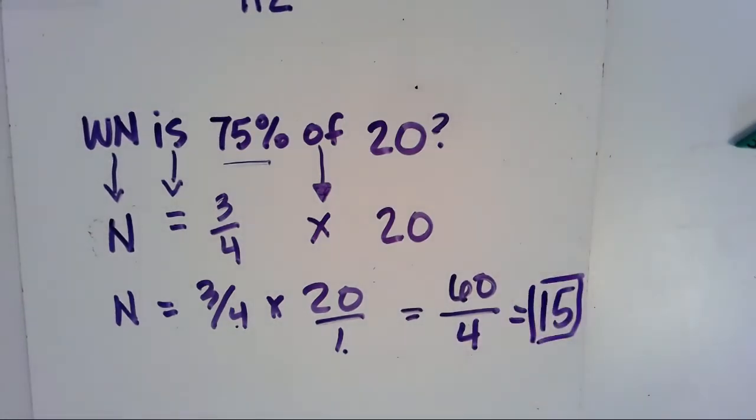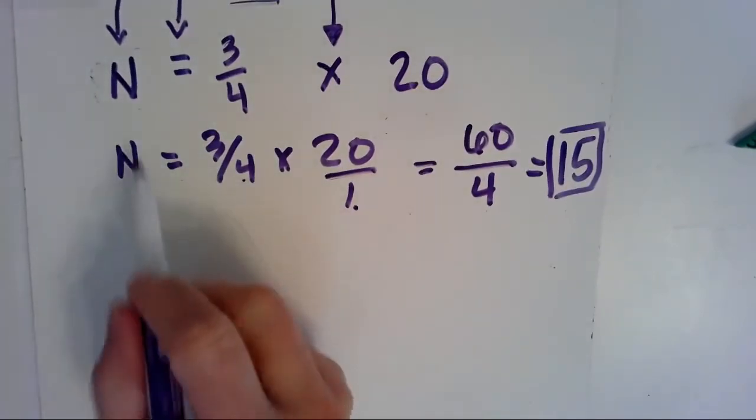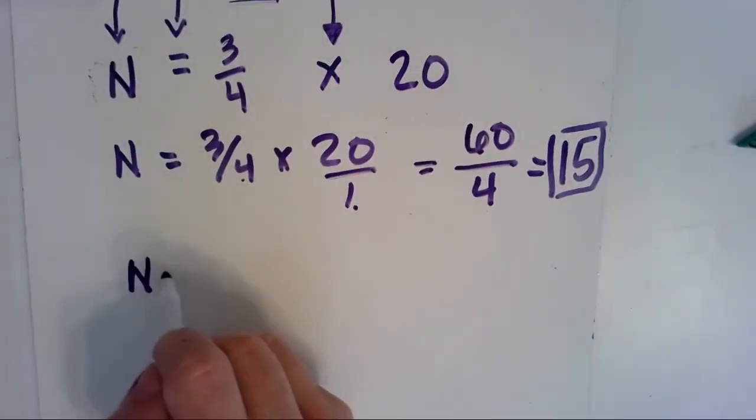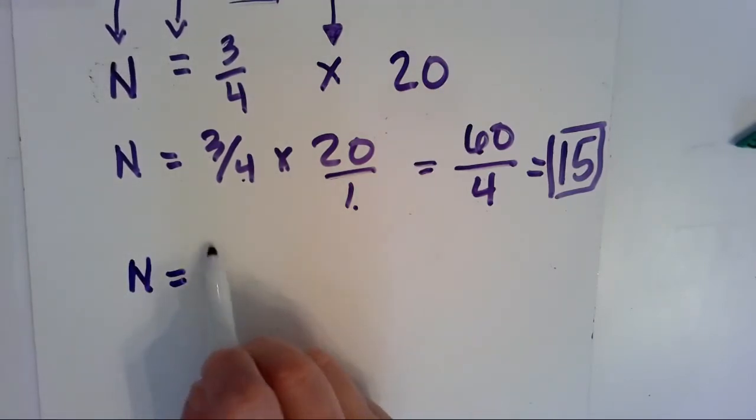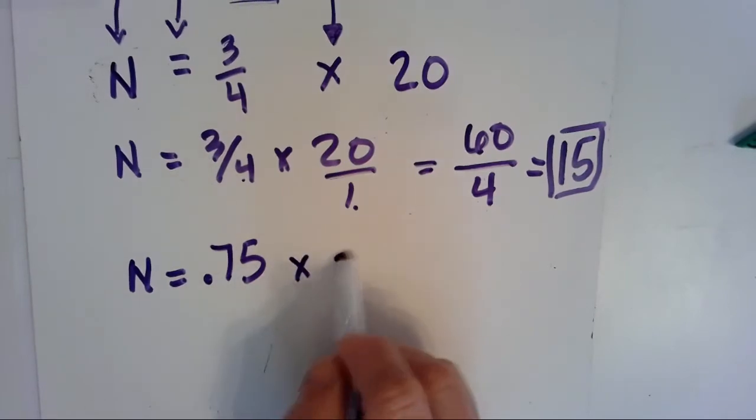Now this would give me the same answer, but if I used a decimal, I would translate it: what number n equals 0.75, because that's the same as 75 hundredths, times 20.